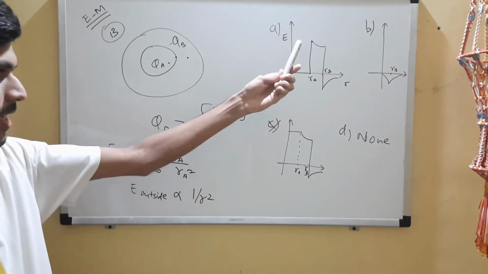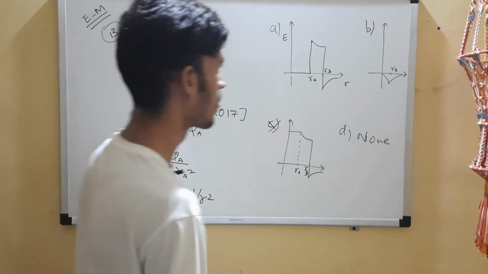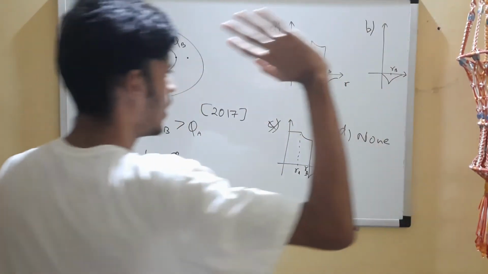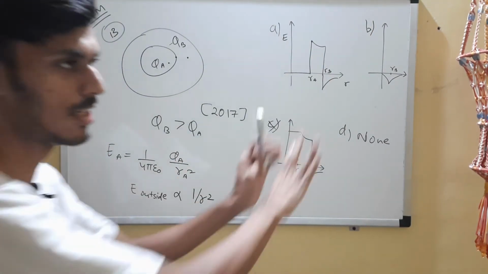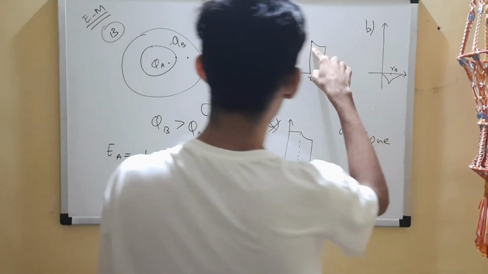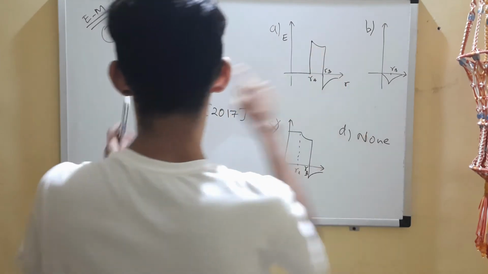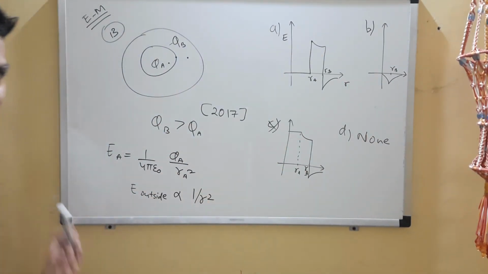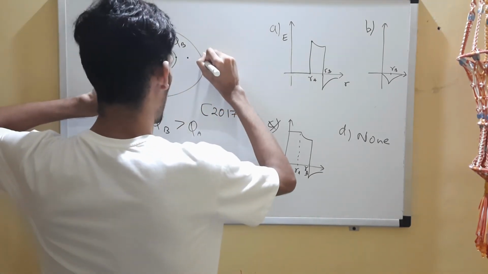Here you can again see it in option A. Here I cannot make something out of that graph, but anyways, I know it's wrong. So in option A you can see that between RA to RB the field is inversely proportional. It satisfies this one. Now let's see what happens at the surface of B.